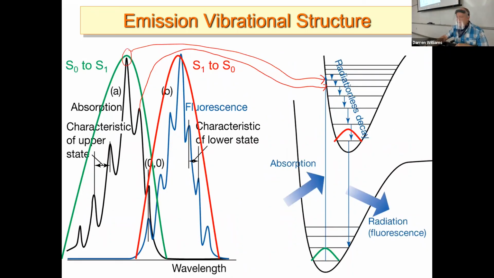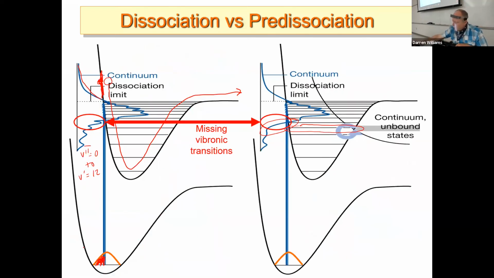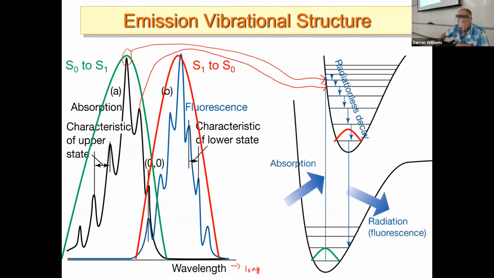Notice how these arrows are longer. This is wavelength increasing in this direction, so this is long and short. So this is high energy over here and low energy.